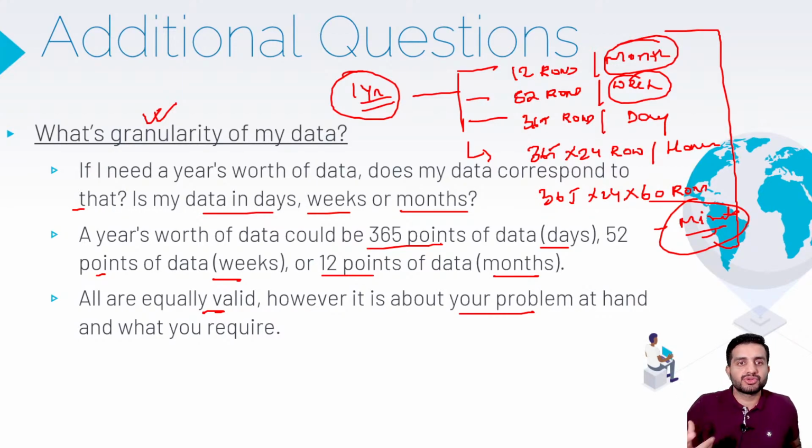If I'm trying to get the trend per week, I cannot solve this if I'm having a data of per month. And if I'm looking at trend per second, per day data cannot help it. So I need to make sure that the data is adhering to the requirement of my problem statement. So again, a very potential problem. What is my granularity of my data, which can also lead to your problem? So always we have to make sure that it is adhering to our requirement.